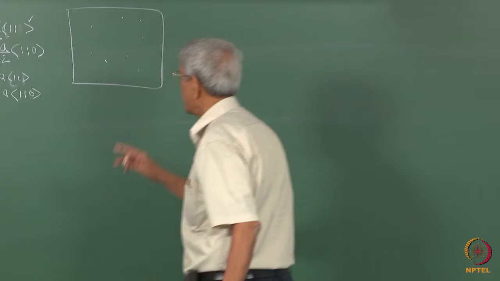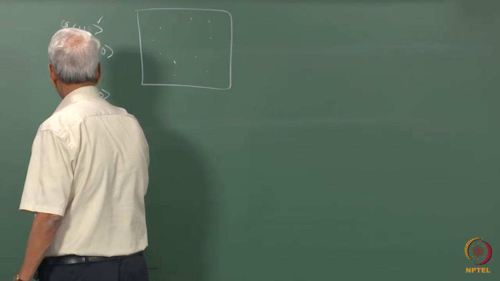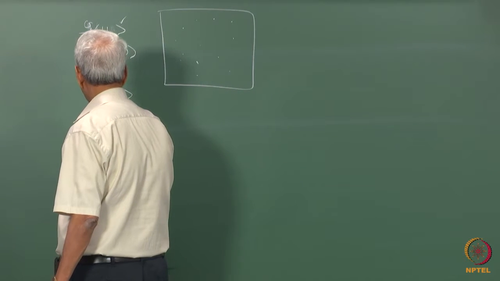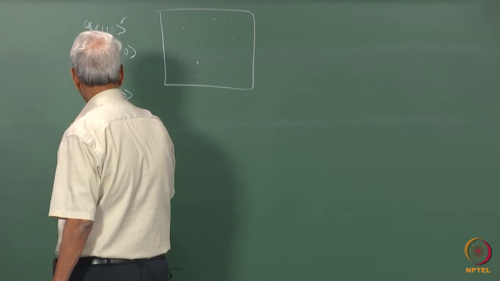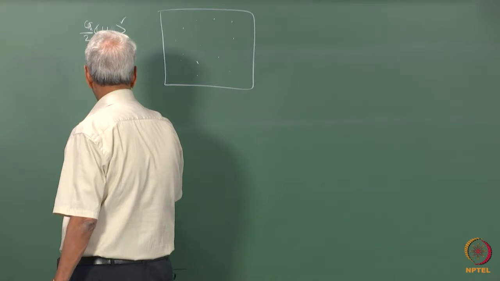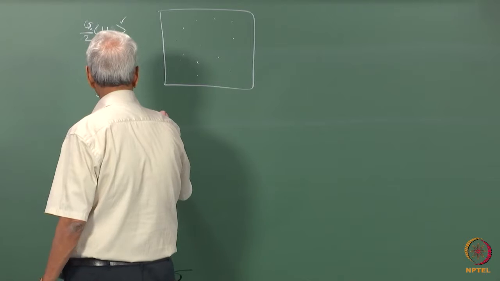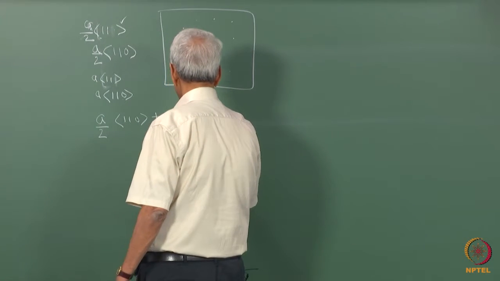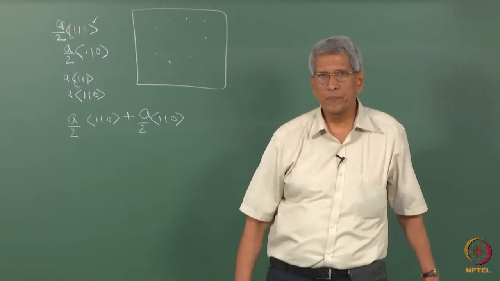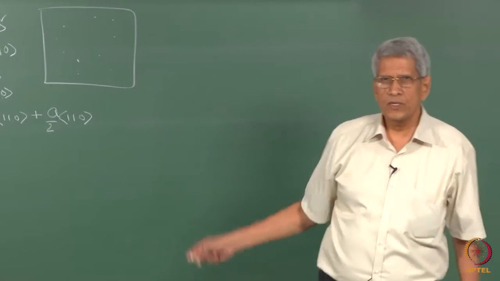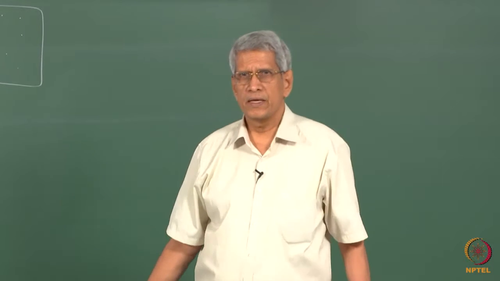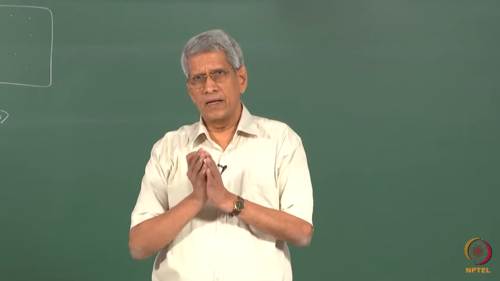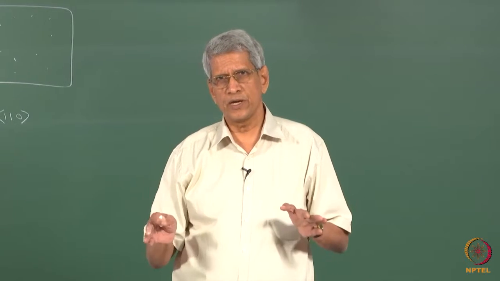If that has to happen, then this should split into partials of the type a/2 <110>, that is, two dislocations of the type a/2 <110>. If it splits into them, then the self energy of the dislocation is reduced.